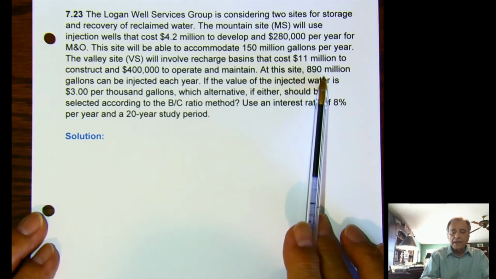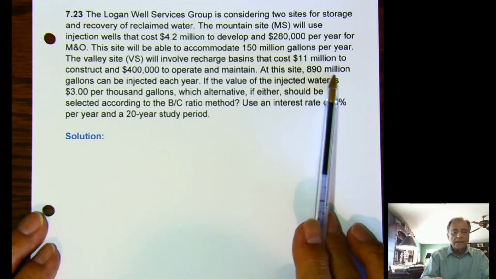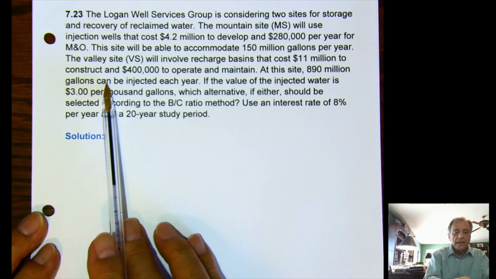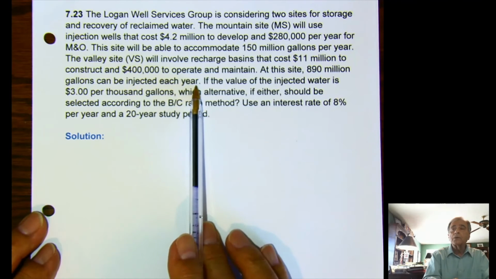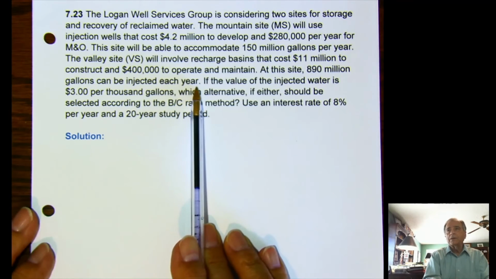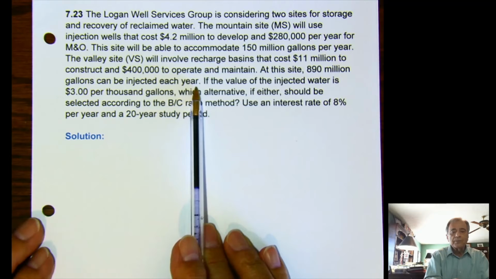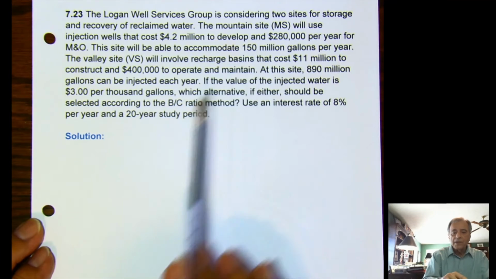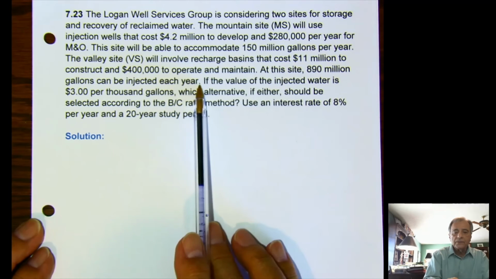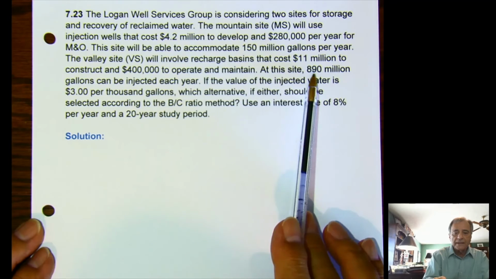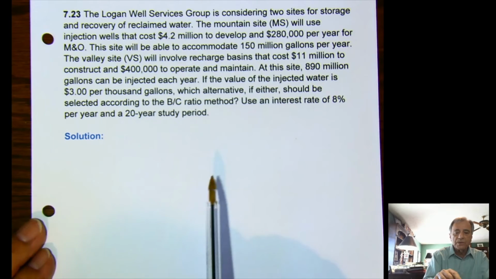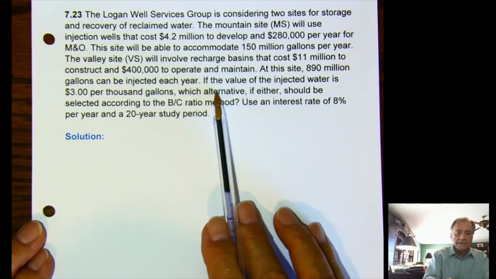At this site, 890 million gallons can be injected each year. So it has a capacity much larger than the 150 of the mountain site. The Valley site is bigger, costs more, has larger capacity.